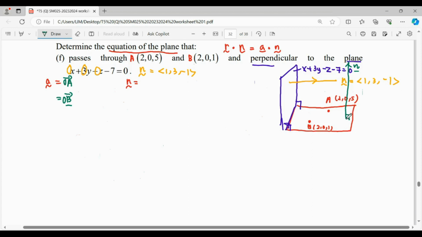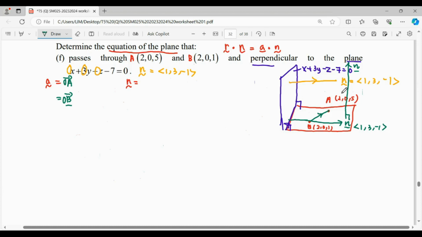So how to find this normal? As we can see inside this plane, from A and B, we can find a vector from B to A. As we already have this normal direction, indirectly we also have a normal here, which is the same. No matter whether the vector comes up from here or from down here, it is also a normal for this plane.